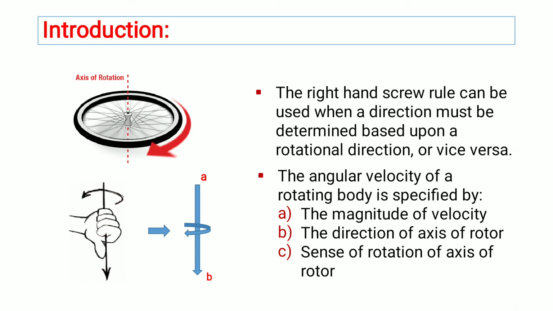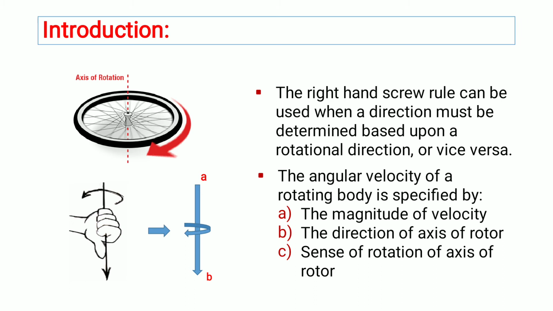Here we have seen that this is our right hand, the fingers are curled in the direction of rotation, and this is the direction of the thumb. So the angular velocity of this wheel is AB. Because angular velocity has some known magnitude, by selecting a scale we draw the AB vector.